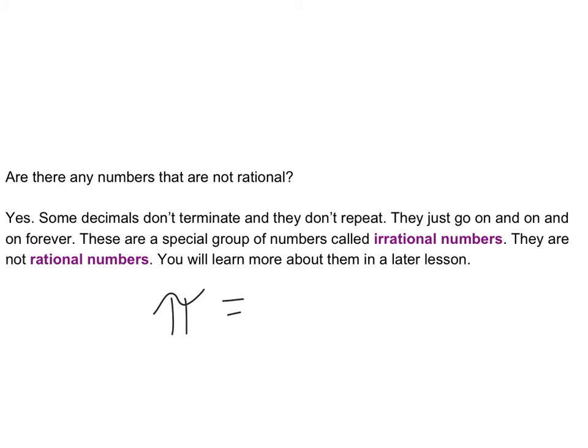Now normally we say that pi is about 3.14, but that's a rounded number. Really it's 3.141592 and so on forever, and it never repeats itself. But again, that's going to be something for a later lesson.